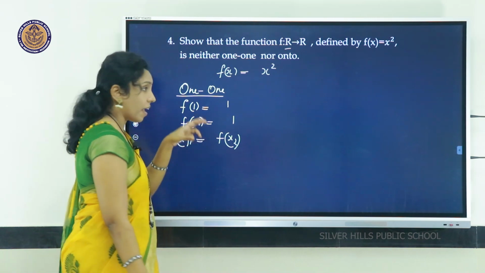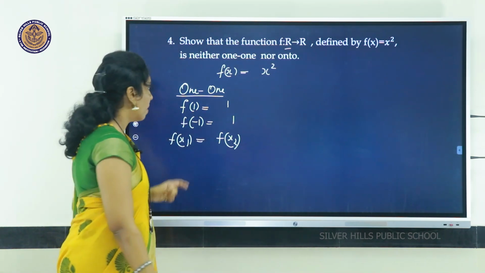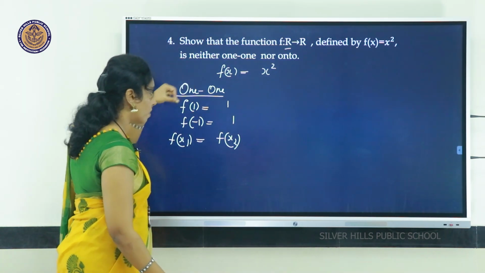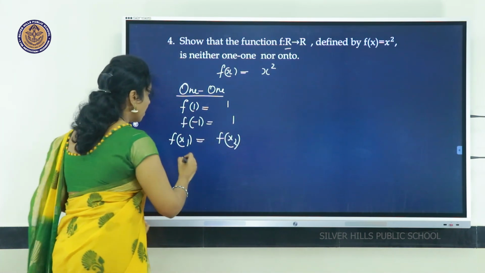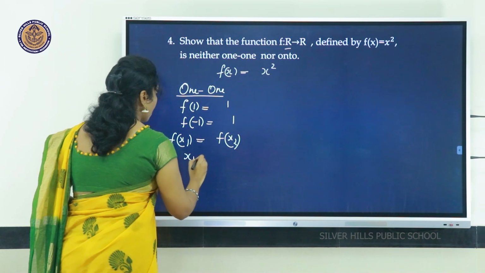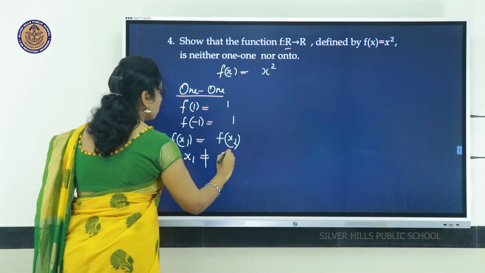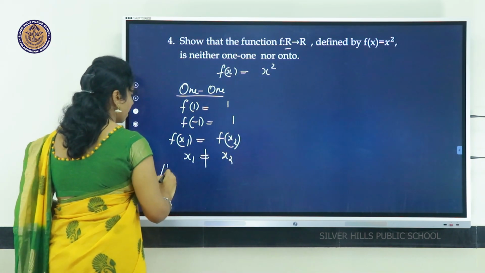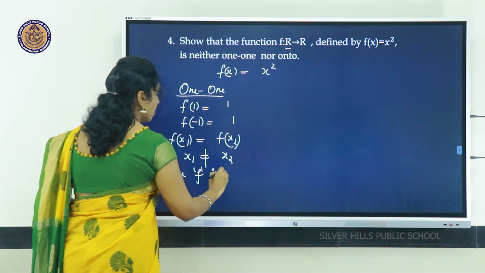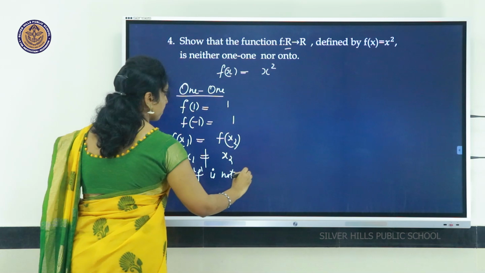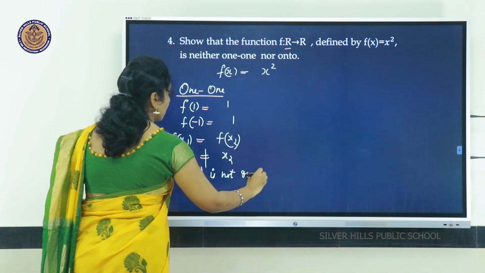Does that mean x1 and x2 are same? But what is x1 here? 1 and minus 1, they are two different numbers. So, x1 is not equal to x2, hence f is not 1-1. Isn't it?